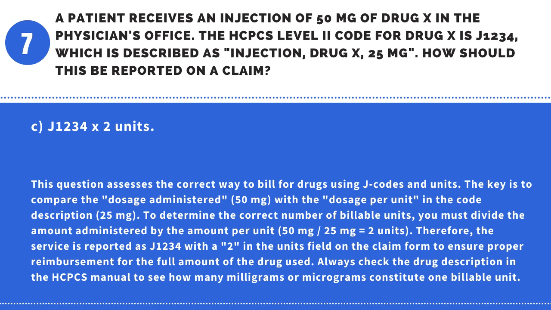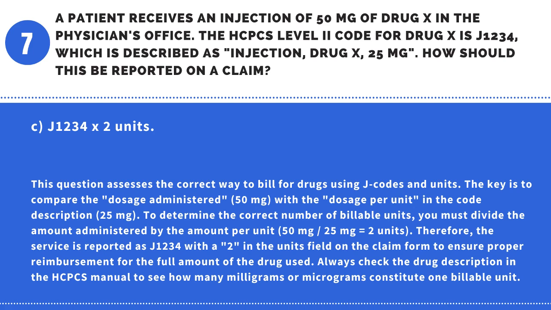This question assesses the correct way to bill for drugs using J-codes and units. The key is to compare the dosage administered, 50 milligrams, with the dosage per unit in the code description, 25 milligrams. To determine the correct number of billable units, you must divide the amount administered by the amount per unit. 50 milligrams divided by 25 milligrams equals 2 units.